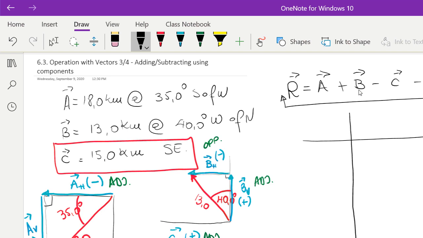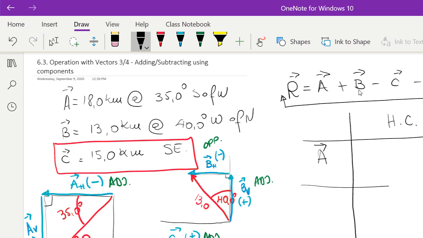In the first one, we will sort all the vectors that we are dealing with. On the second one, we will have the horizontal component. And on the third one, we will have the vertical component.